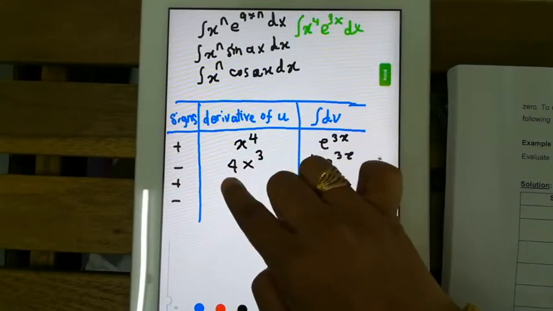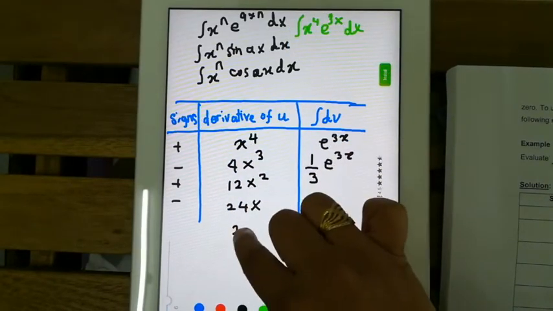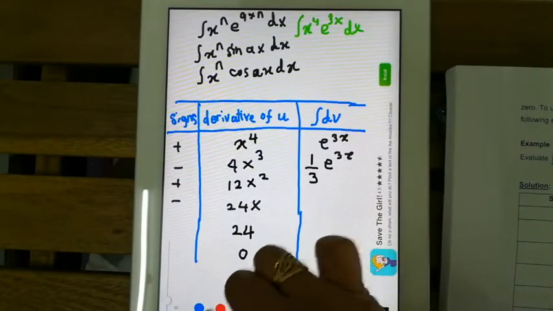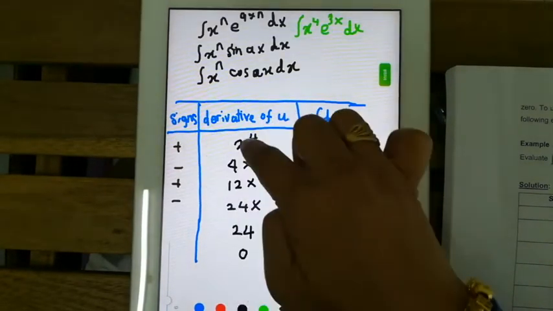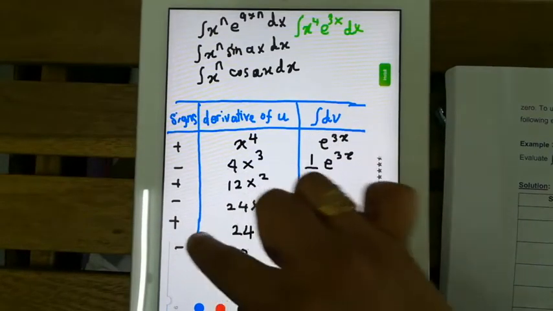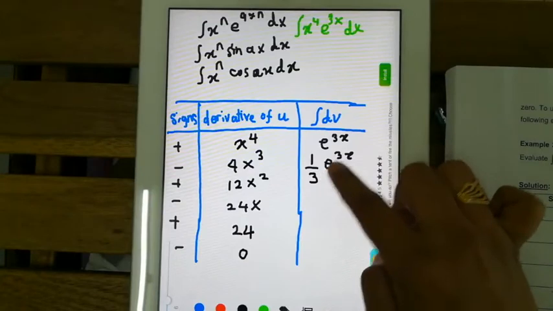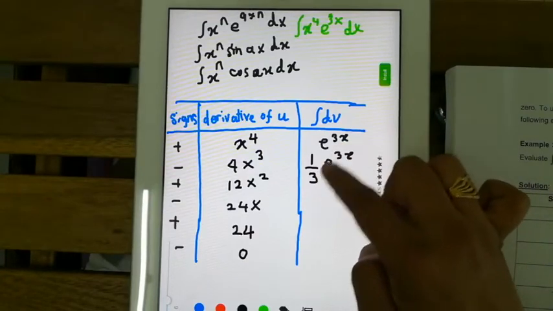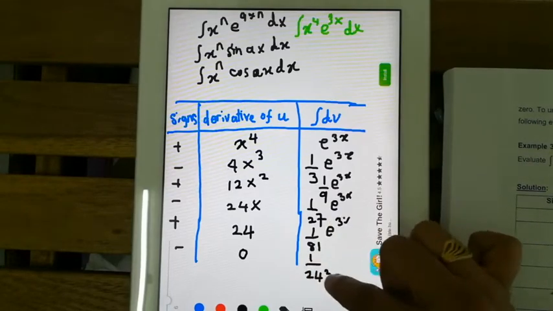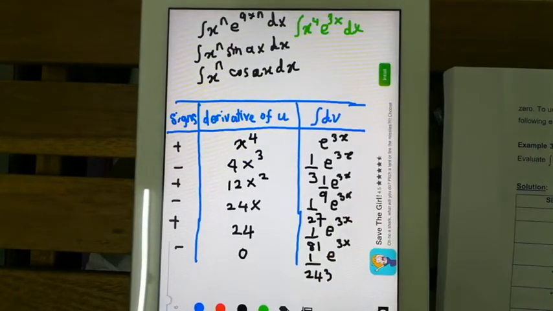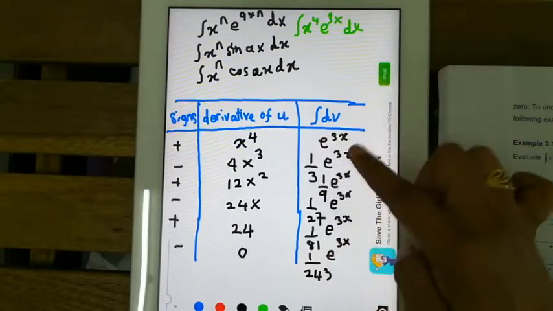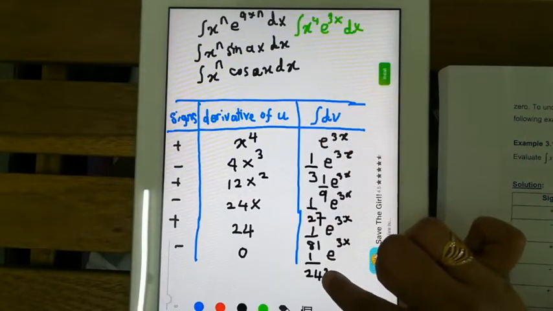So plus minus plus minus plus minus. This one, let me continue to integrate it. Make sure you finish up integrating this one.